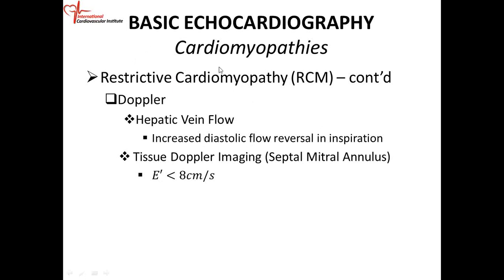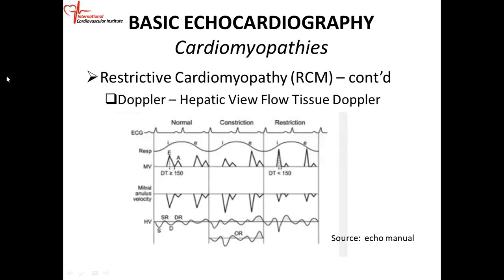And because it's a muscle disease, your E prime is less than 7 centimeters. Okay, so again, this is what they're going to give you: constrictive pericarditis and restrictive cardiomyopathy. And you look at your hepatic vein flow with expiration, you get an increase in your atrial flow reversal. And then with restrictive cardiomyopathy, you get an increase in the atrial flow reversal with inspiration.